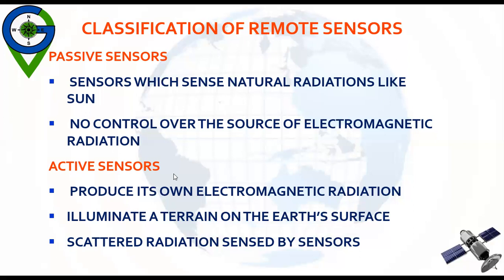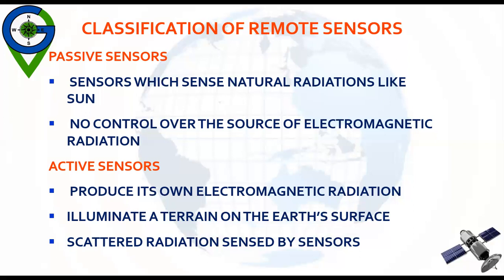Active remote sensors are those remote sensors which produce their own electromagnetic radiation. They illuminate a terrain on the Earth's surface, and the energy that they produce is reflected back to the sensors, and they record the same energy.